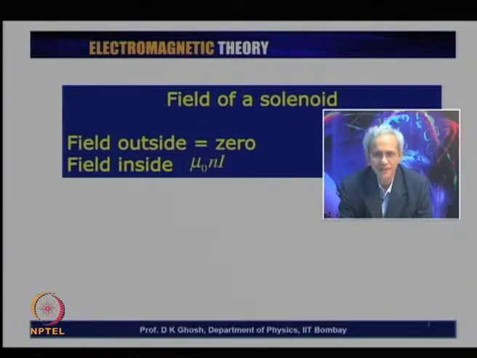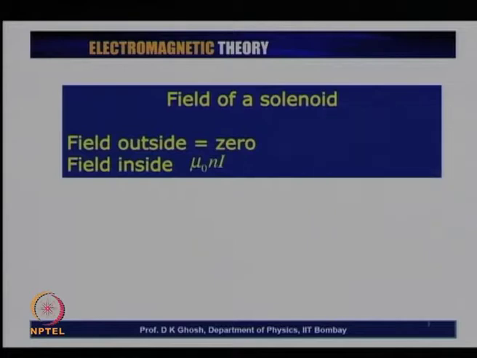The field inside a solenoid, if you neglect its edge effect, namely if you assume that the solenoid is infinitely long, is uniform and is given by mu 0 n I. Its direction is along the axis of the cylinder, and if you curl your hand like this and supposing this is the way the current is flowing, then the direction in which your thumb points gives you the direction of the magnetic field.